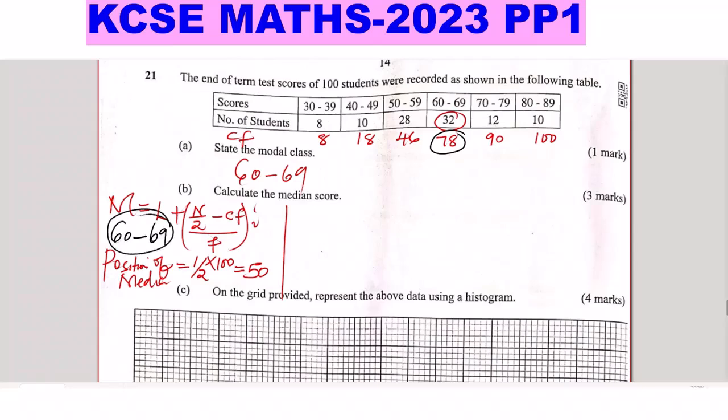So now let us use this formula to calculate the median. The median is given by L, the lower class boundary of the median class.